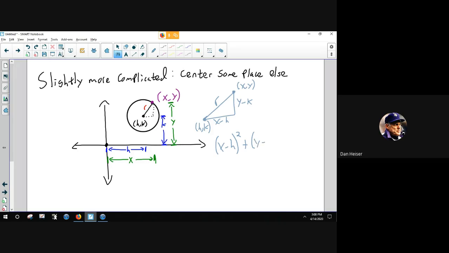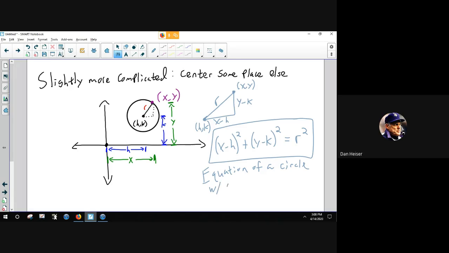The other leg is y minus k squared. And that's the radius squared. And this is the equation of a circle with center at the point HK.